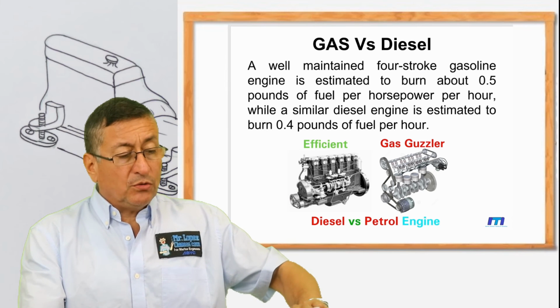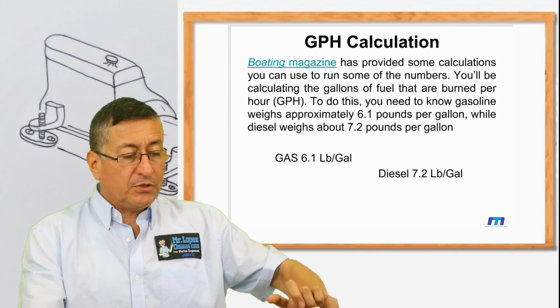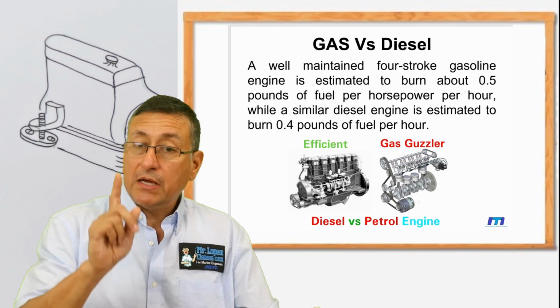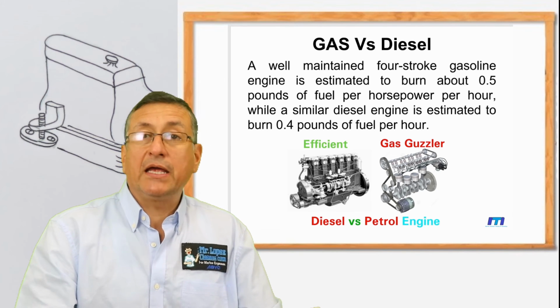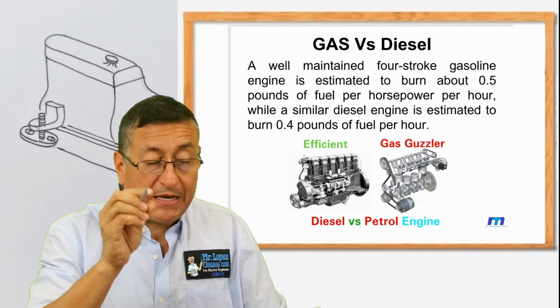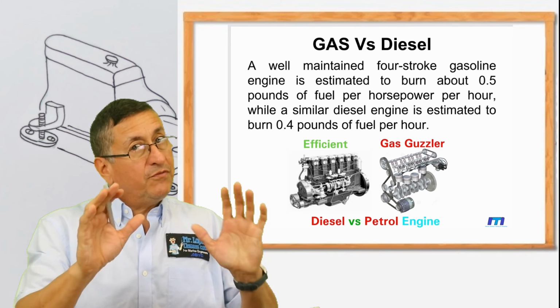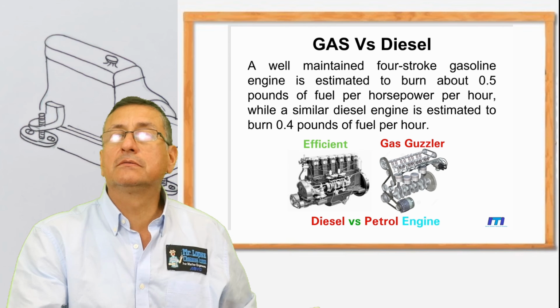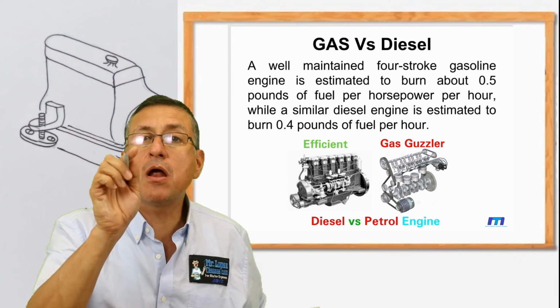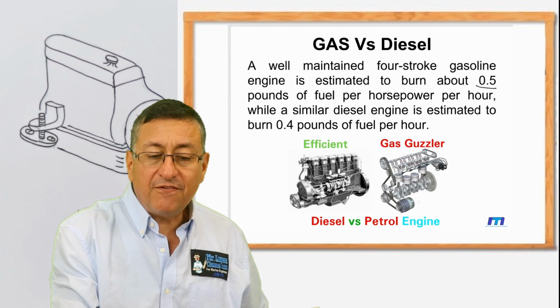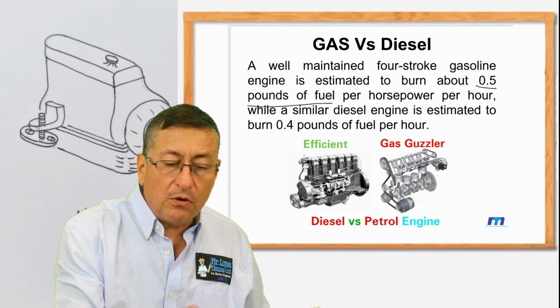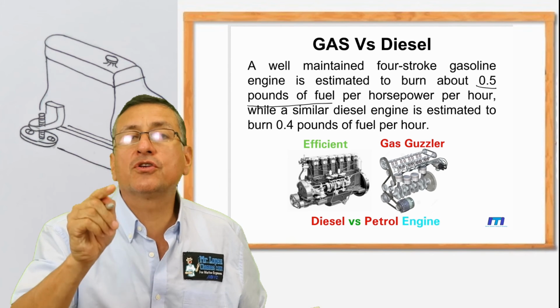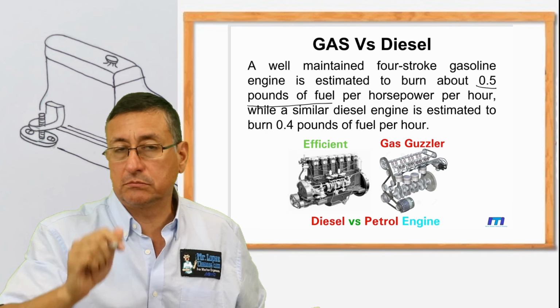Okay, my friends, we are going to try to calculate the consumption of fuel. But I need you to keep in mind this explanation. If you have well-maintained 4-stroke gasoline engines, those engines burn 0.5 pounds of fuel per each horsepower produced per hour.